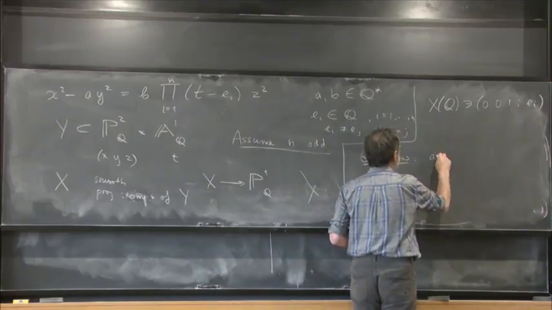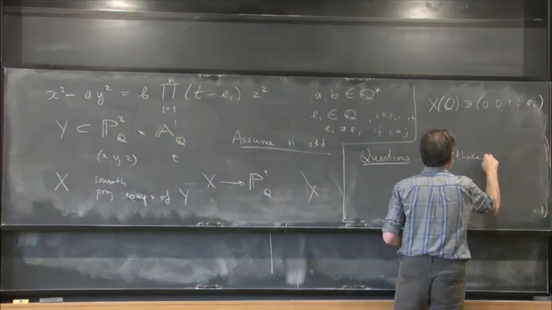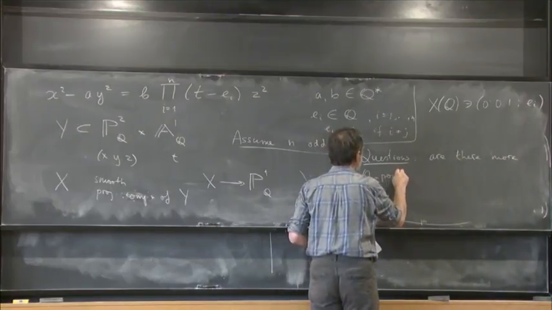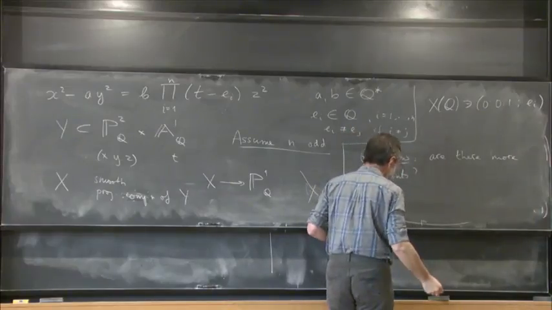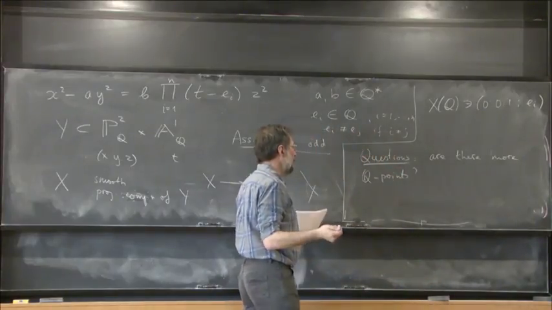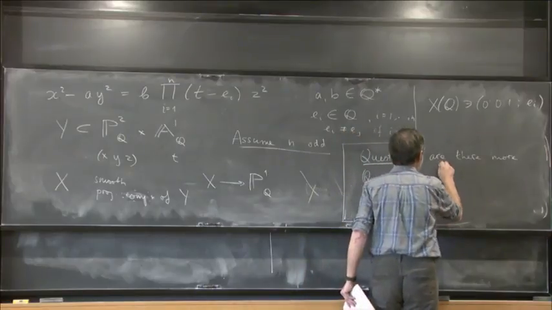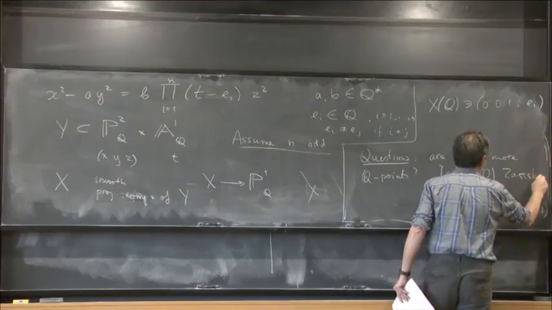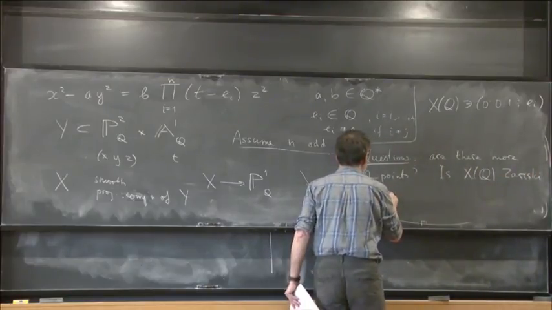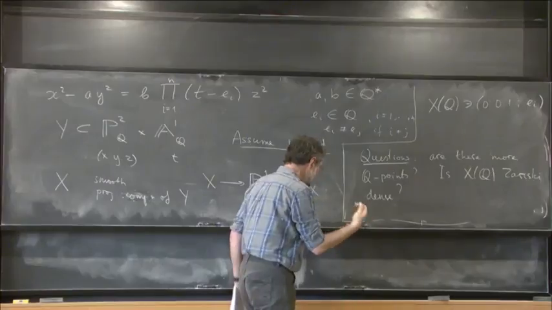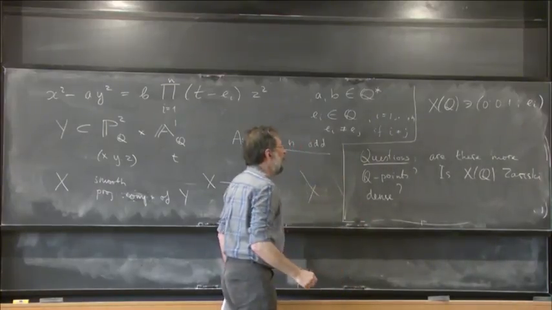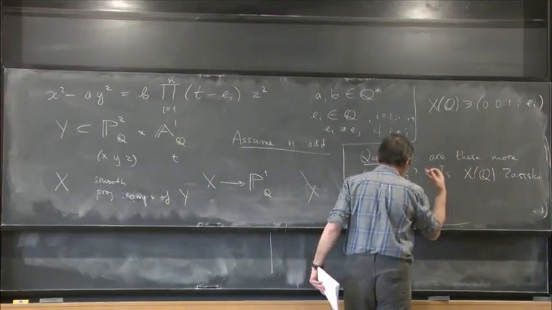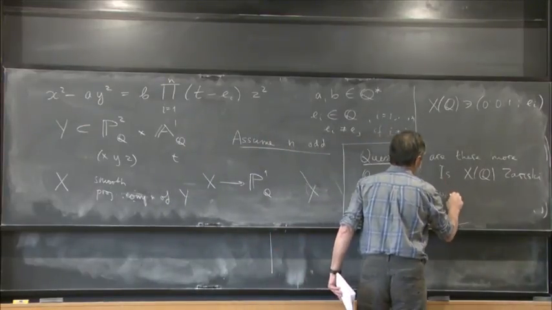Are there more rational points? For instance, are rational points Zariski dense? And an even stronger question would be, do we have weak approximation, and if yes, then in what sense precisely?